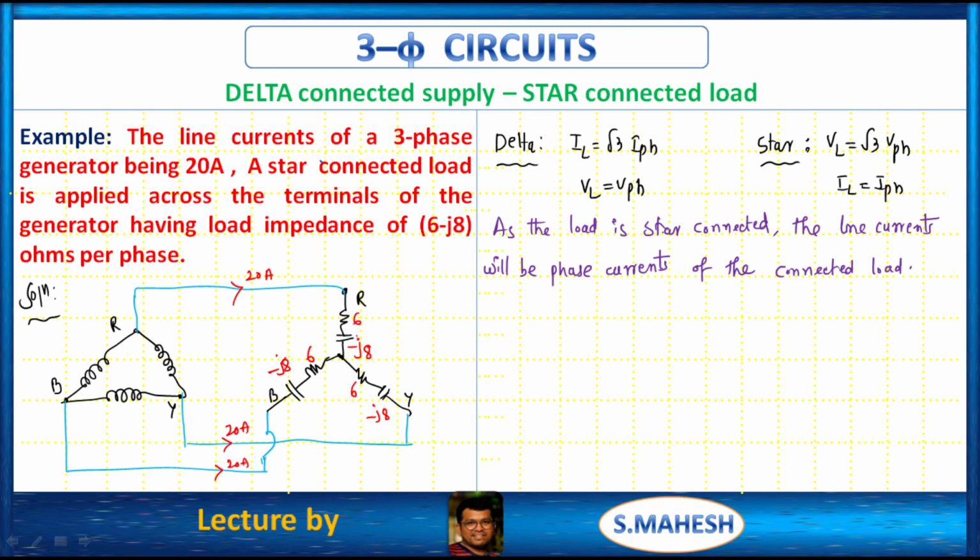See, as the load is star connected, the line currents will be phase currents of the connected load.